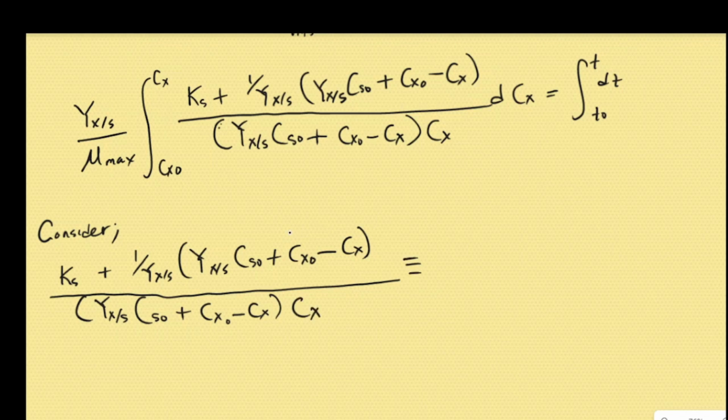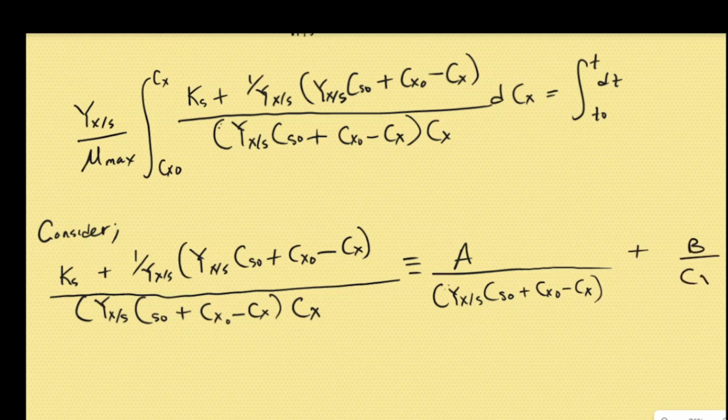This is equivalent to a partial fraction, A over (Yx/s Cs0 plus Cx0 minus Cx) plus B over Cx.